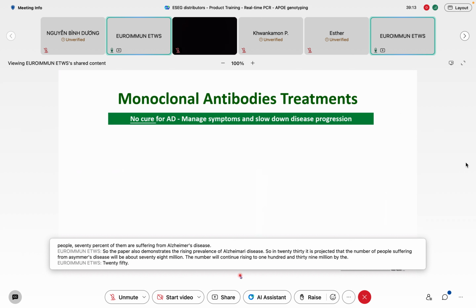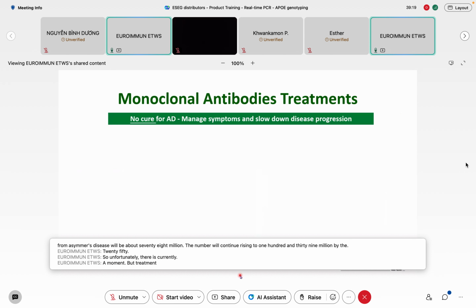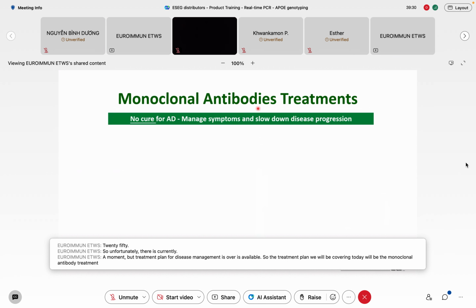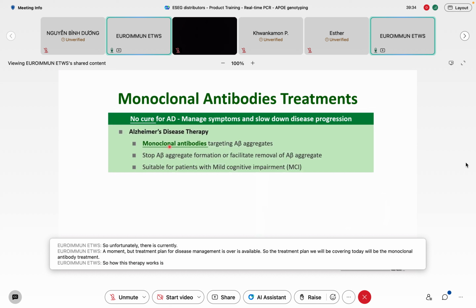Unfortunately, there is currently no cure at the moment, but treatment plan for disease management is available. The treatment plan we will be covering today will be the monoclonal antibody treatment. How this therapy works is the monoclonal antibody will target and bind to the amyloid beta.